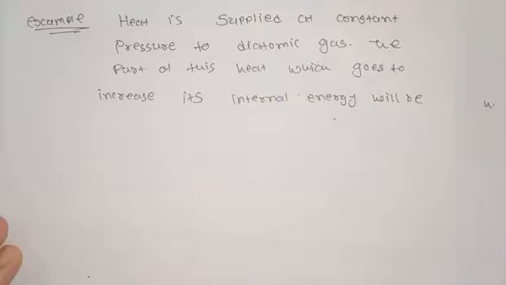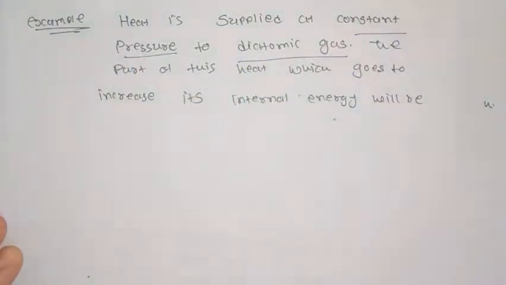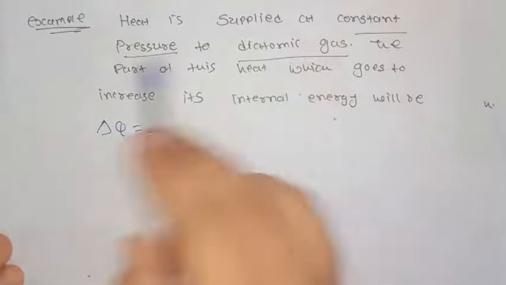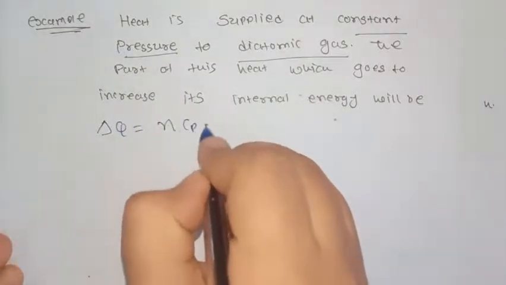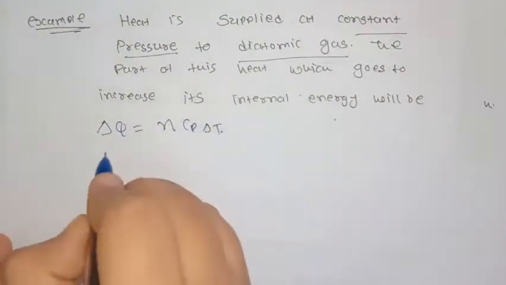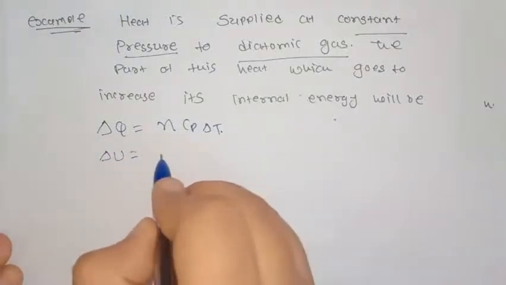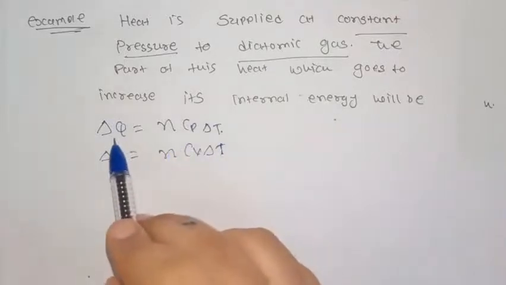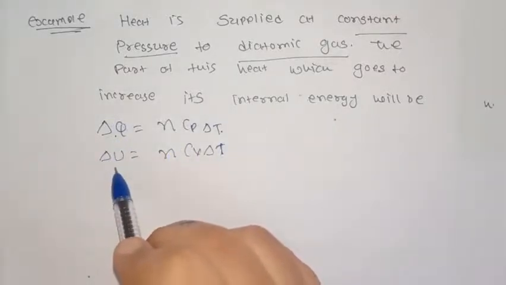In this example, heat is supplied at constant pressure to a diatomic gas. The part of this heat which goes to increase its internal energy will be: delta Q for constant pressure is given by n Cp delta T, and delta U is given by n Cv delta T. We want to find the part of heat that goes into change in internal energy.